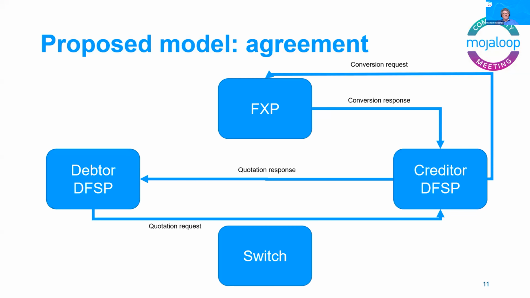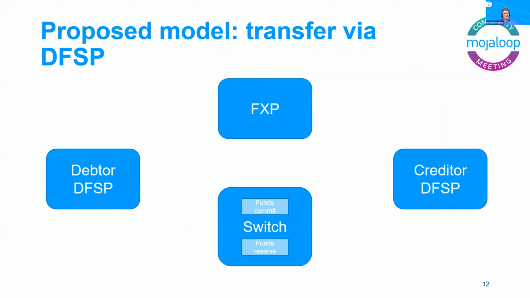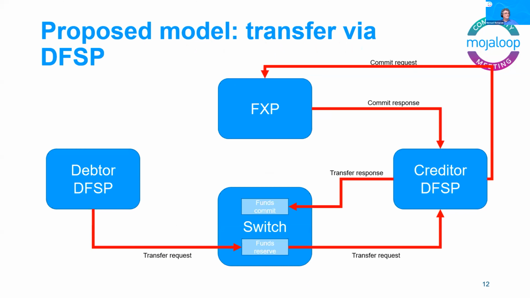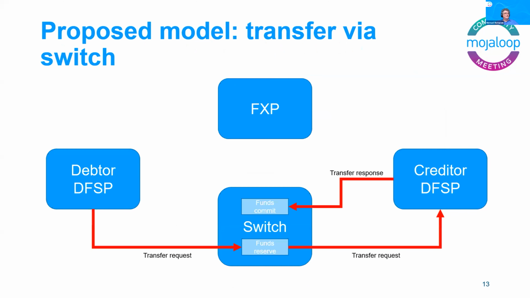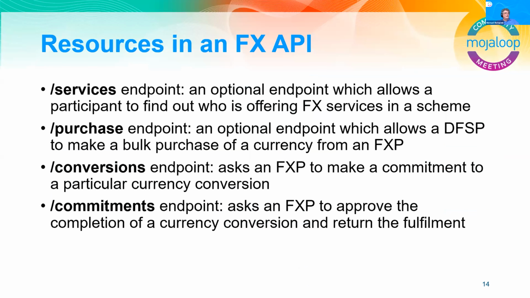As you've seen, we have a proposed model for agreement, a proposed model for transfer, and a proposed model for transfer using a switch. We need to build actually the last two endpoints only for MVP.